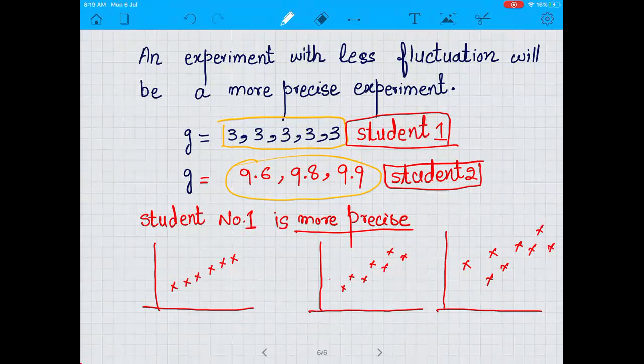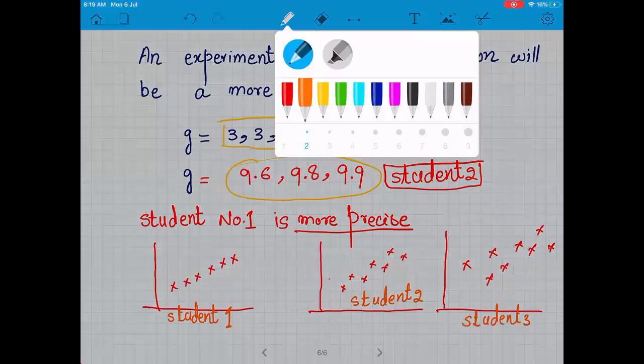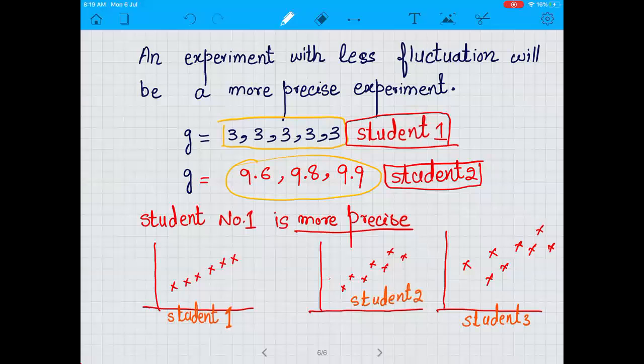Now you see, student number 1 has no fluctuation at all, and student number 3 has maximum fluctuation. If you look at the results obtained by all the 3 students, then the results obtained by student number 1 has the least fluctuation, hence it is the most precise one.